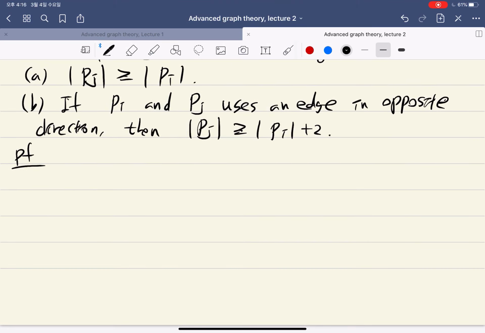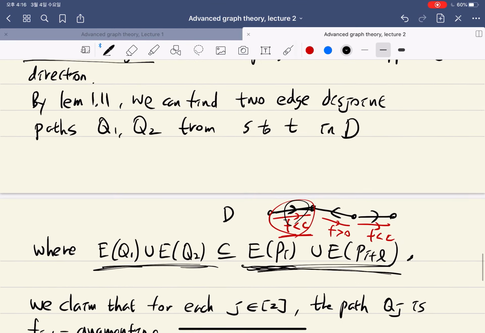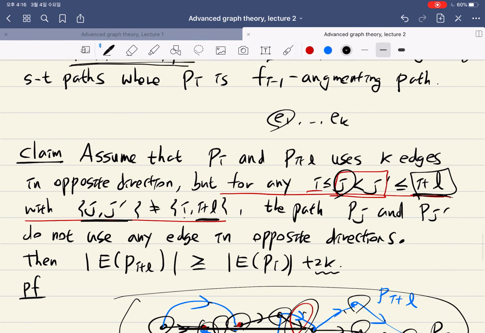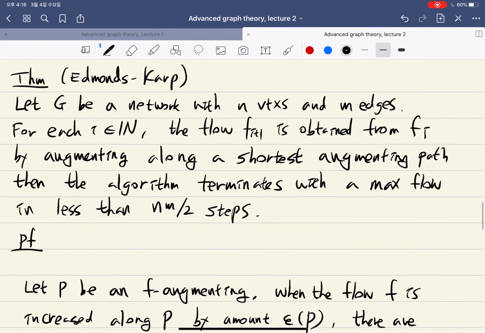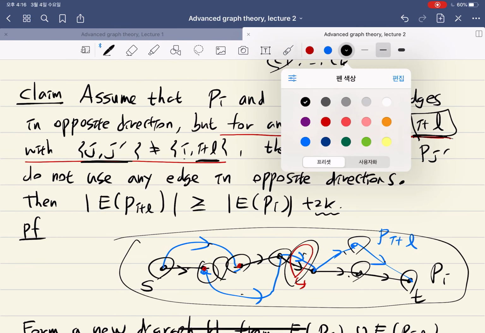So A is easy because by the previous claim, we have Pi plus 1 is longer than or equal to Pi because i and i plus 1 satisfy this condition.